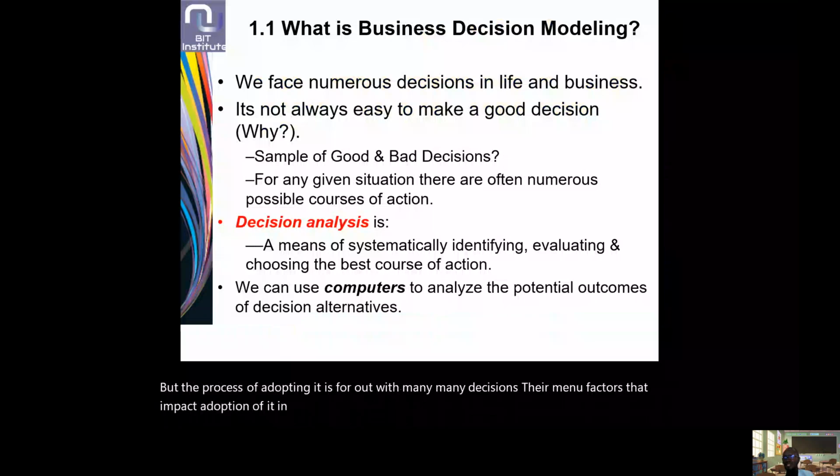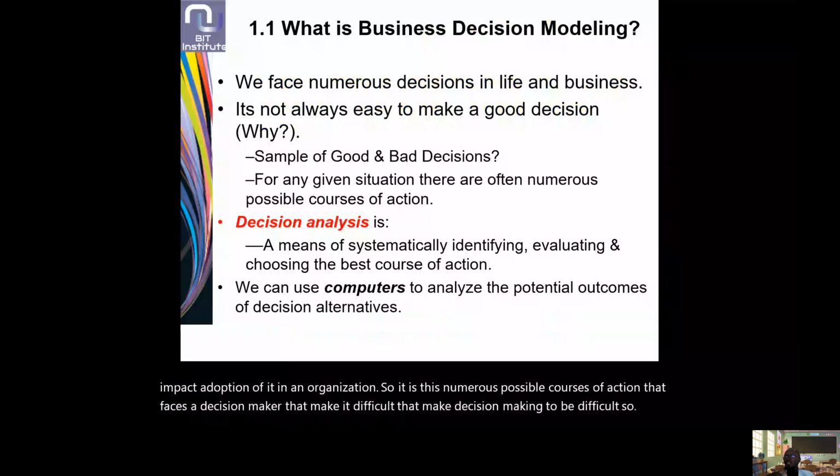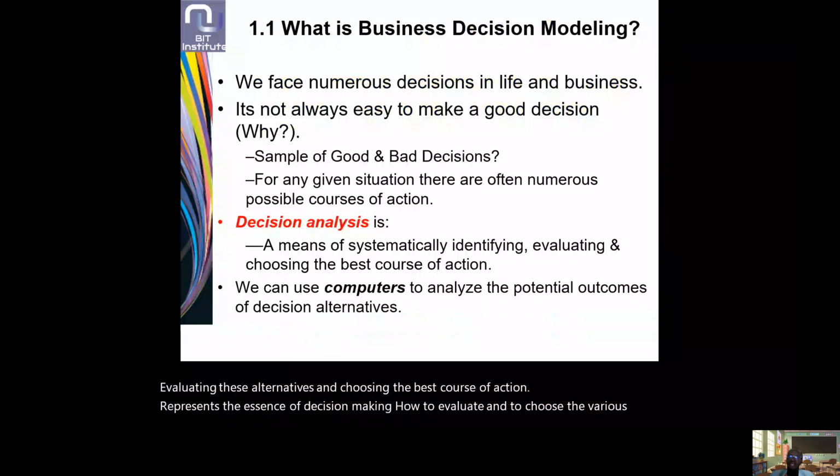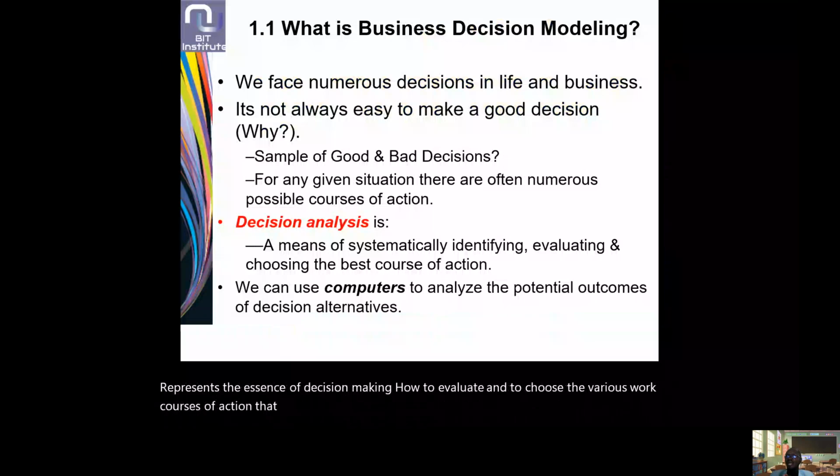So it is these numerous possible courses of action that face a decision maker that make decision making difficult. So evaluating these alternatives and choosing the best course of action actually represents the essence of decision making. How to evaluate and to choose the various courses of action that face a decision maker at any one time.